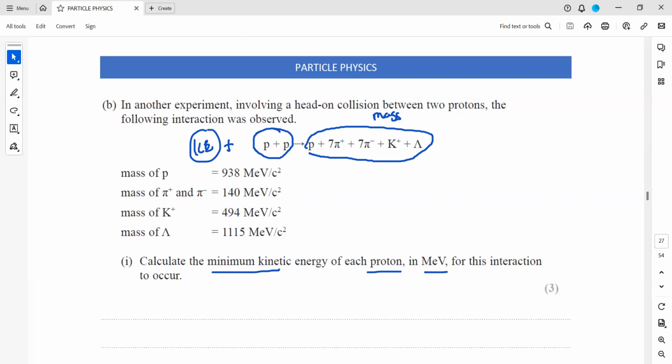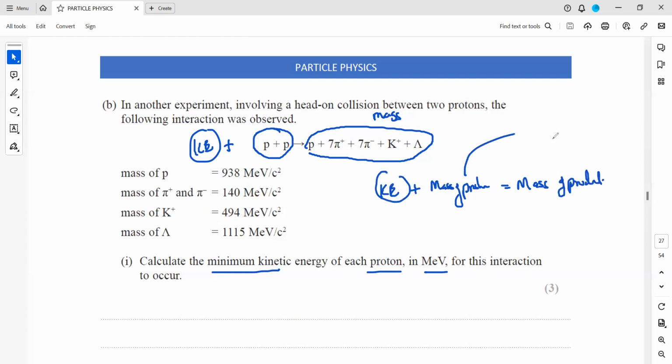So if we write the equation, how much kinetic energy is required for this? You can also do it as an equation. So kinetic energy plus the mass of protons equal to the mass of the product, all the particles in the product.